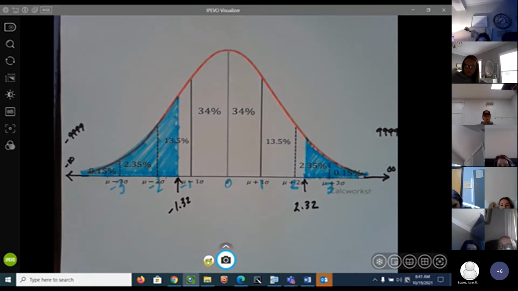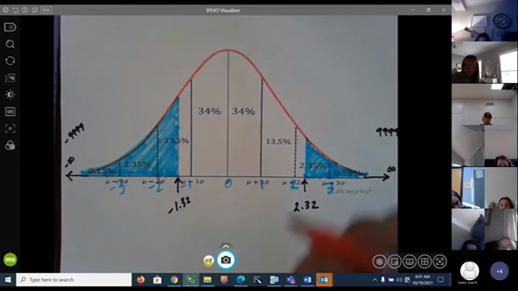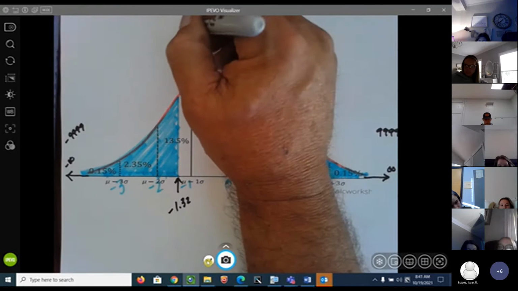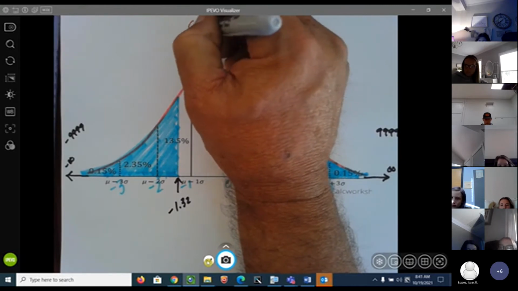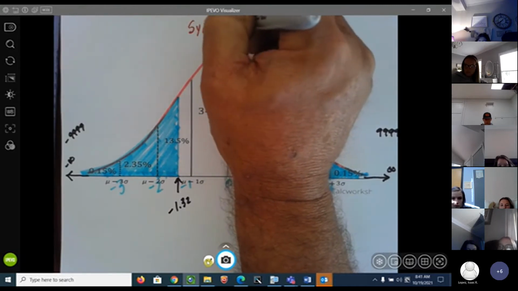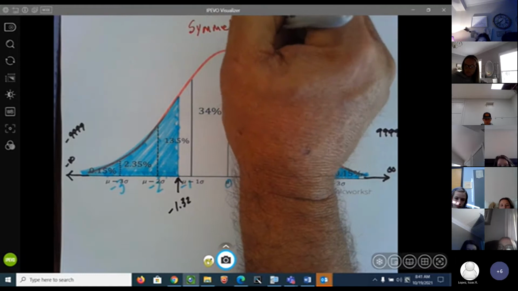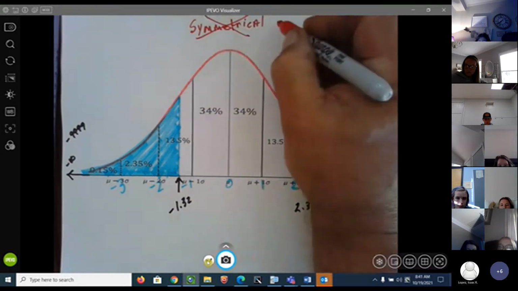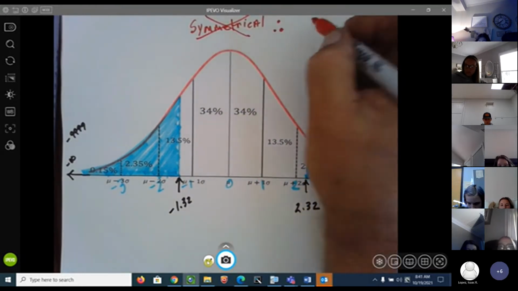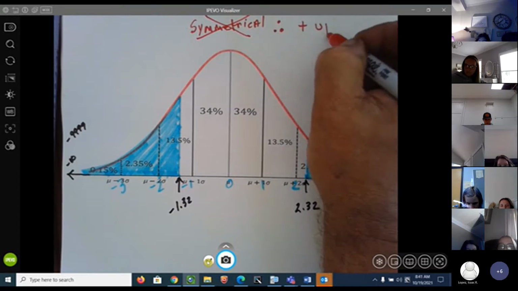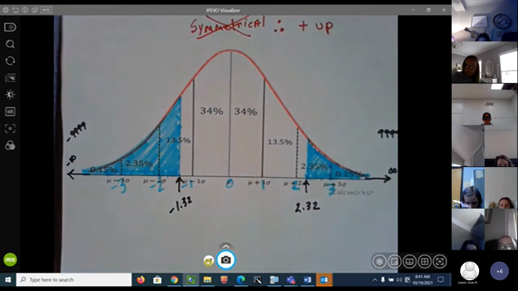So we cannot multiply these by 2 because they're not symmetrical. So you're going to have to add them if they ask for the total. Therefore, add up instead of multiply by 2 if they ask for the total.